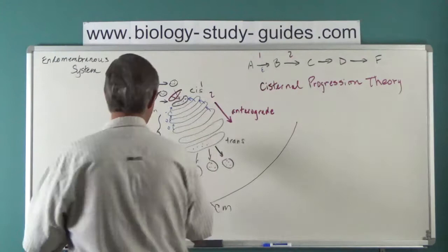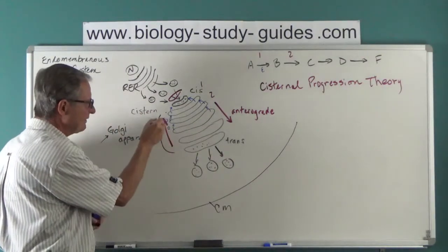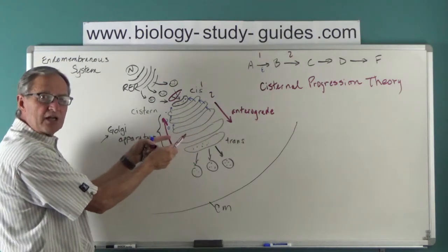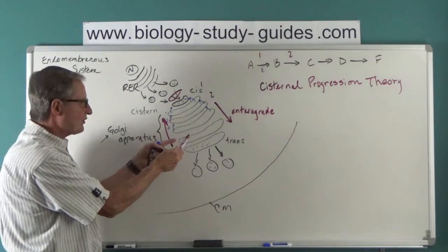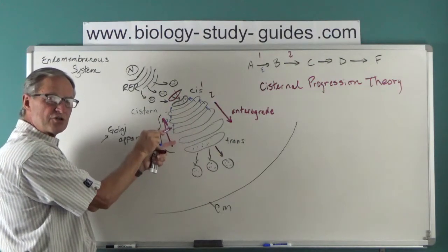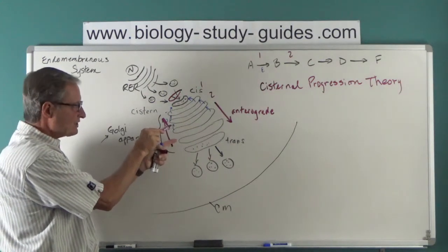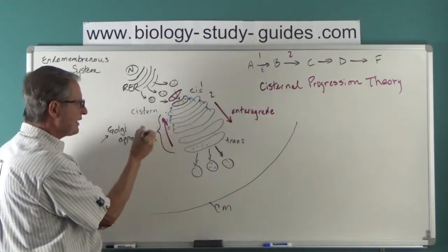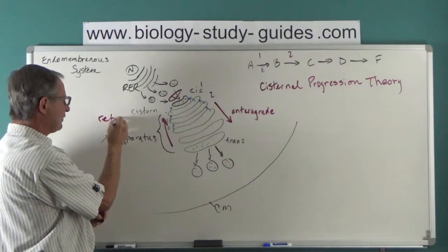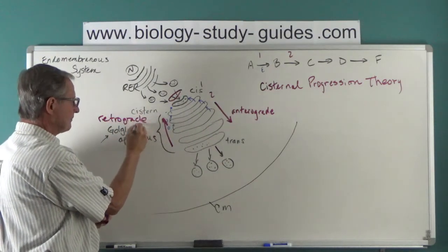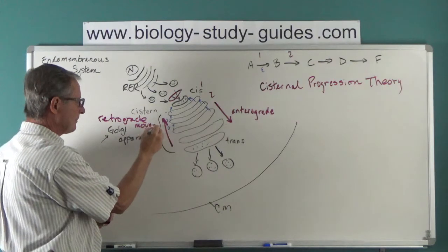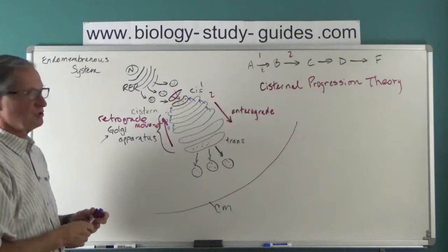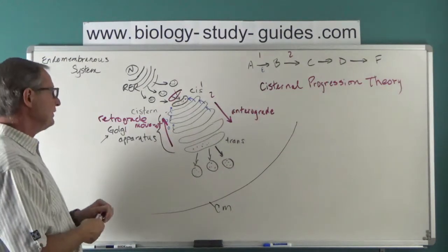Then the movement of the vesicles this way: the vesicles that conducted the reaction in this position, after they've conducted the reaction, aren't needed there anymore, so they're donated to the adjacent cistern on the cis side, and that reaction can occur in there. This is called retrograde movement, where it's going backwards. Anterograde movement and retrograde movement. It's just a theory. It's believed to be true.